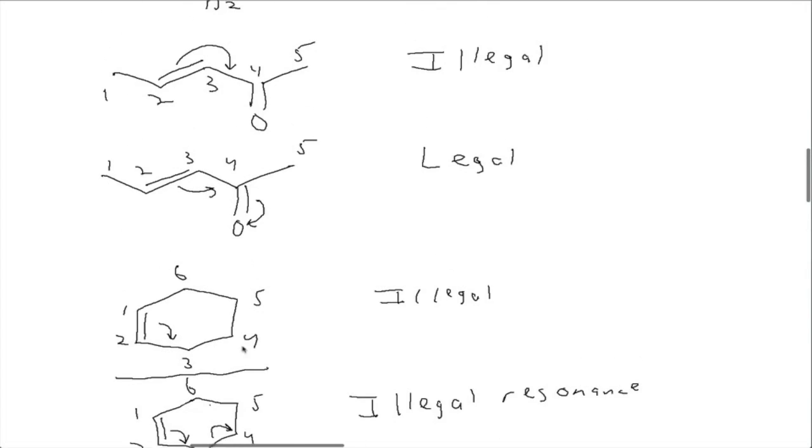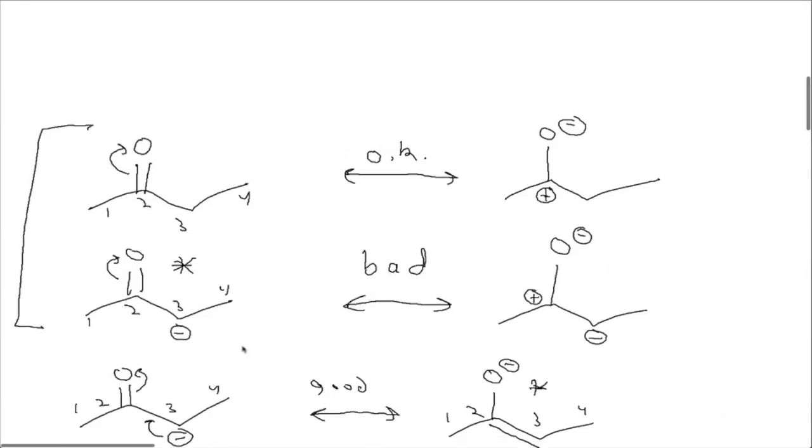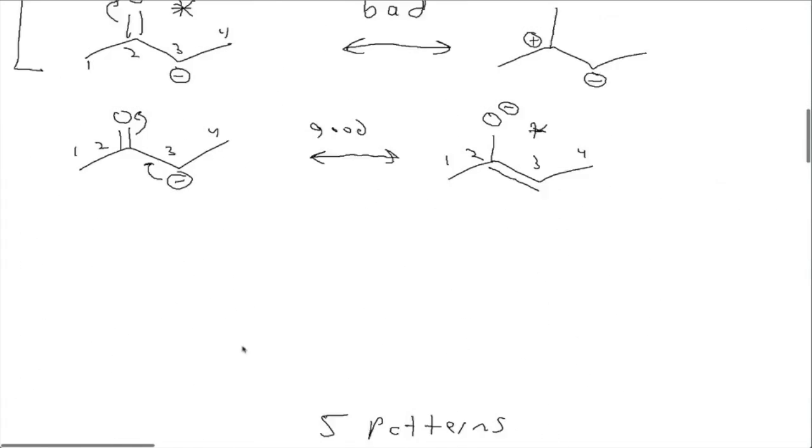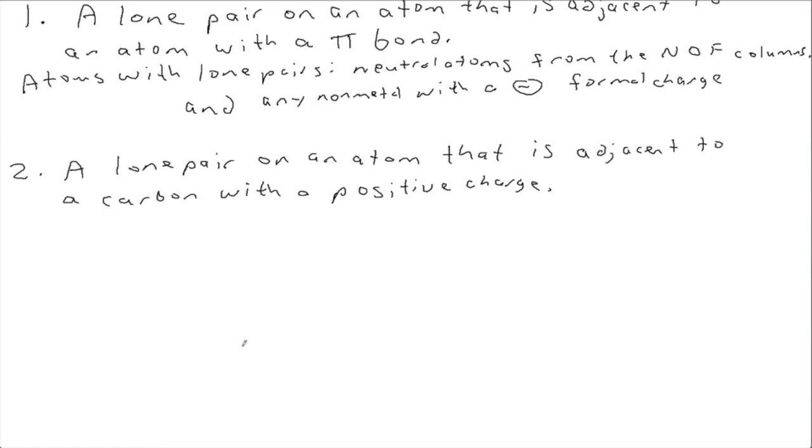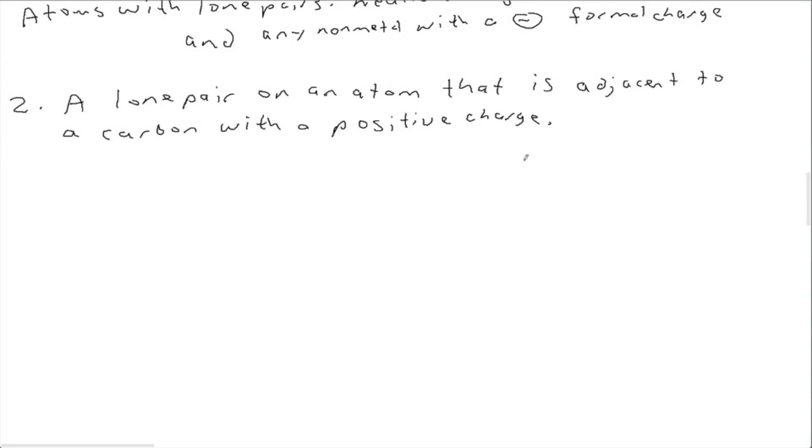Okay, so we did a couple of examples now of this rule of a lone pair on an atom that's adjacent to a carbon with a positive charge. So let's look at another pattern.